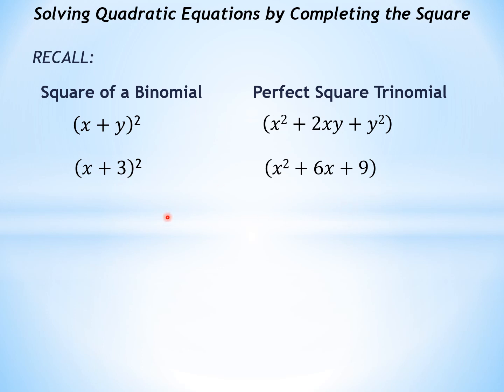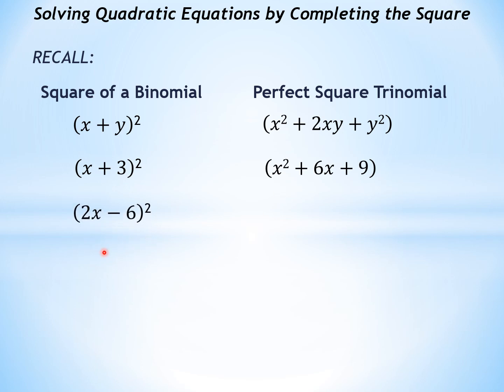So the square of binomial, the quantity of x plus 3 squared, is equal to x squared plus 6x plus 9.